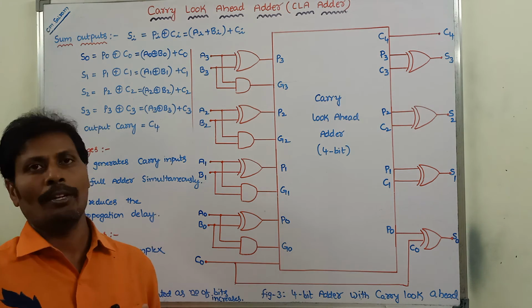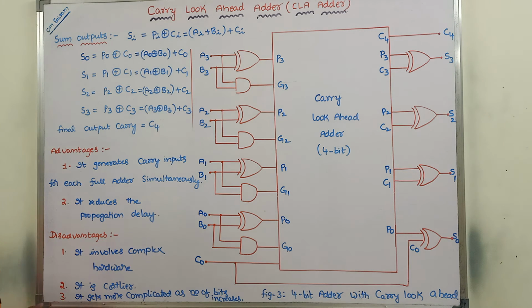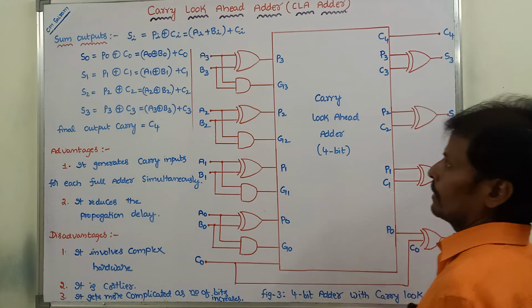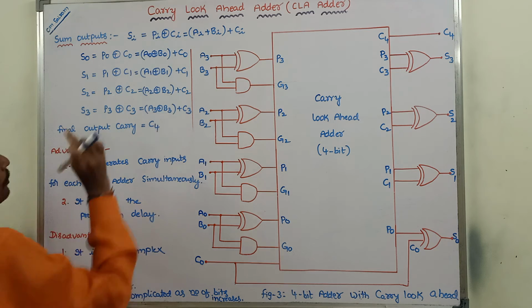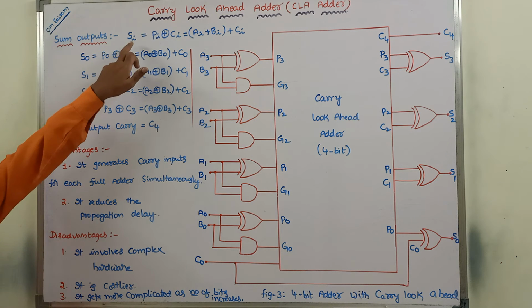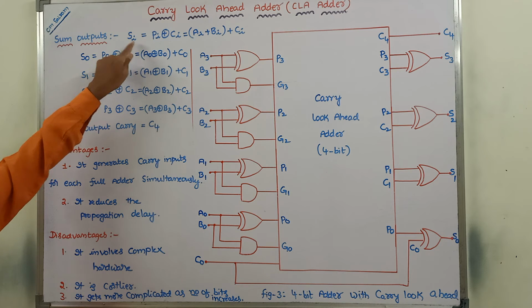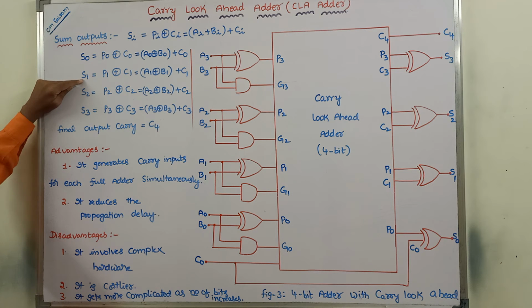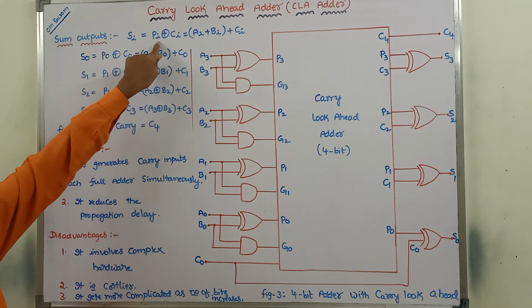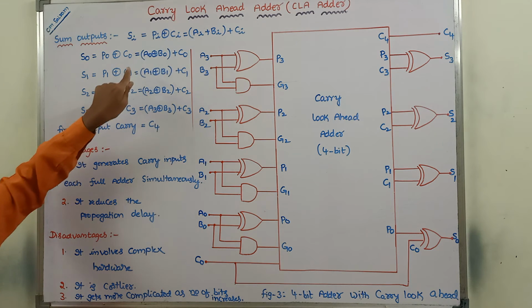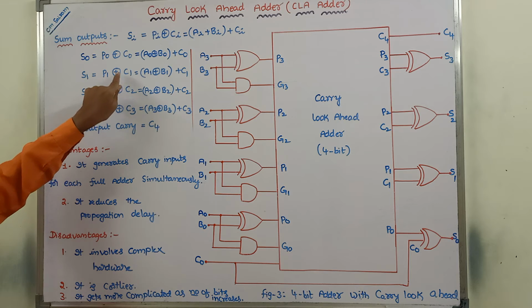Next, how to find out S1? Substitute i value equal to 1 in that formula. Now after substituting i value 1, it becomes S1 is equal to P1 exclusive OR C1.